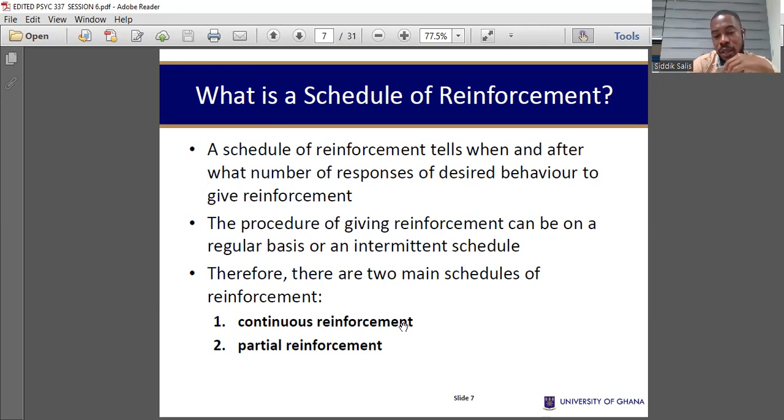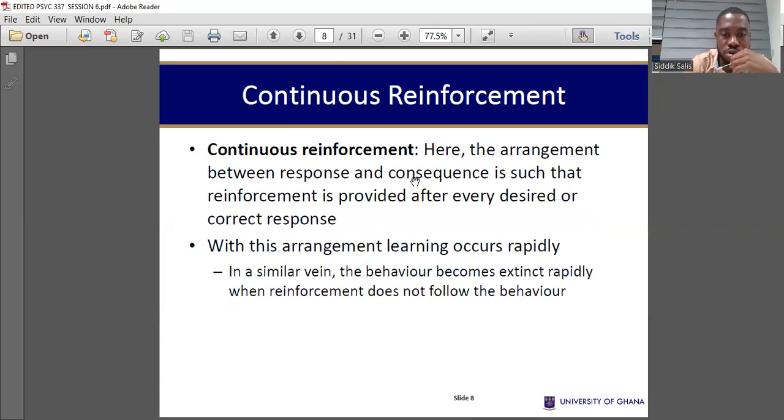With partial reinforcement, it has to do with either a period of time, that is interval, or a number of responses you're supposed to make, which we'll come to later. So let's get into continuous.